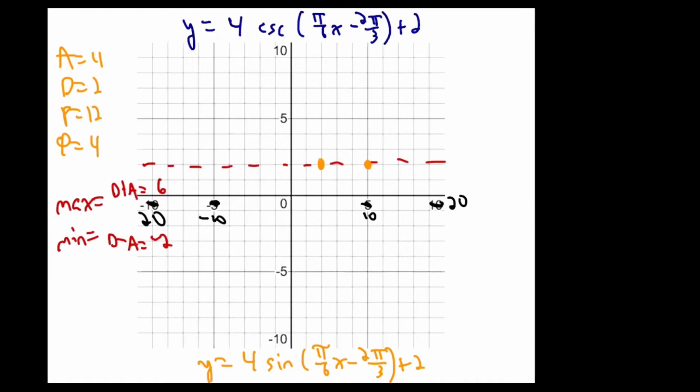So it should be more like that. And then the min is -2, and it should be something like this. And then back to the midline here, and that is one period later. So that's good. And then I guess I'll go backward in time and do it the other way so that I can get the second cycle in.